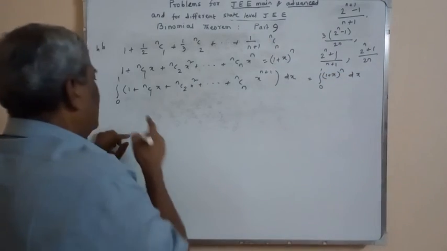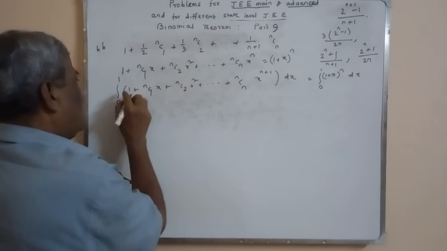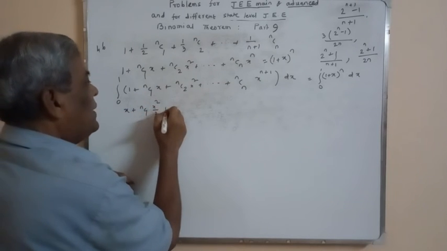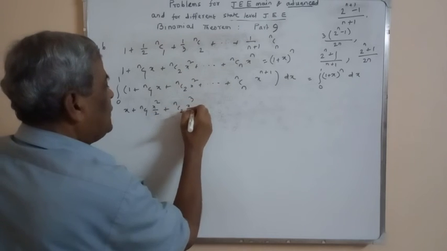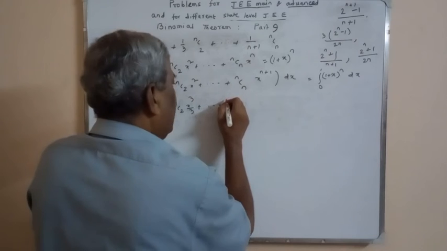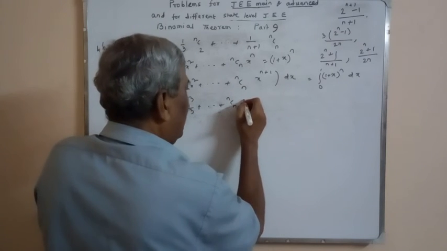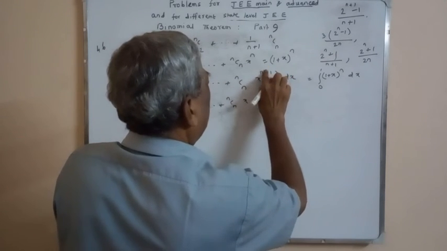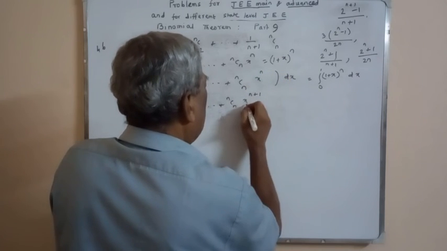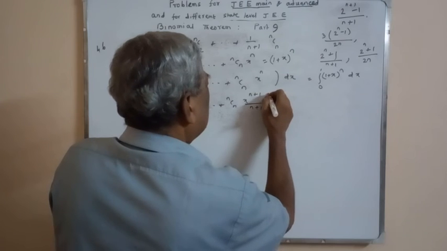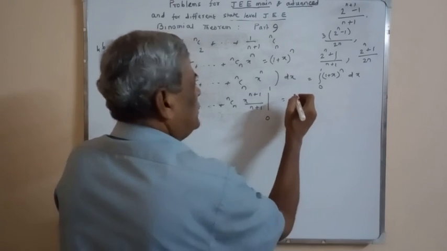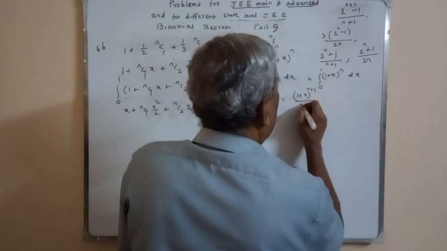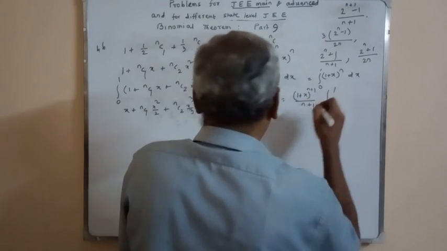That is, the integration of 1 is x, plus nC1 x square by 2 plus nC2 x cubed by 3, up to nCn, x to the power n plus 1 by n plus 1, limits from 0 to 1, is equal to integrating that, (1 plus x) to the power n plus 1 by n plus 1, limit from 0 to 1.